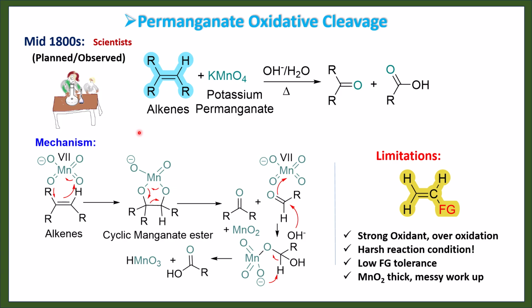Here is the mechanism of the reaction. The alkene double bond undergoes addition to the permanganate oxygen and gives this cyclic manganate ester, and further this rearrangement under heating gives this ketone and aldehyde.